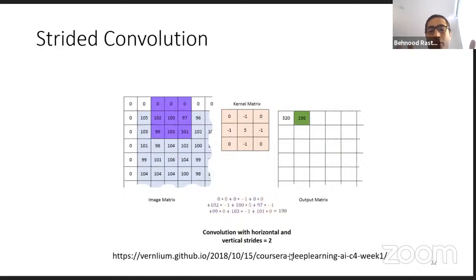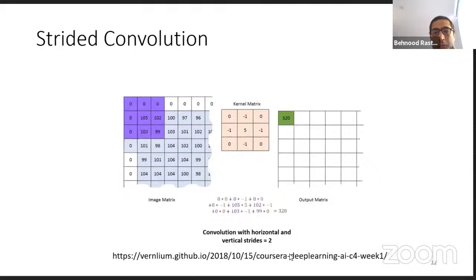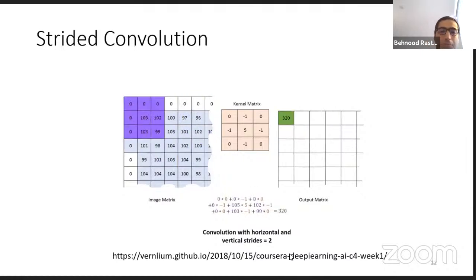That's what's called strided convolution. In this case, the horizontal and vertical stride is 2, and basically in this way you can decrease the parameters of your network.